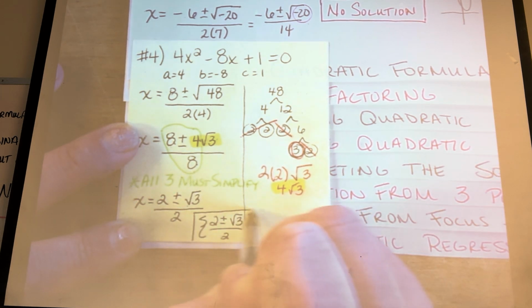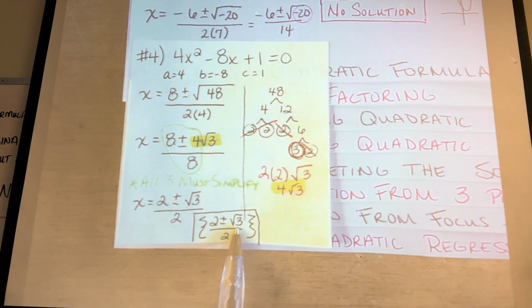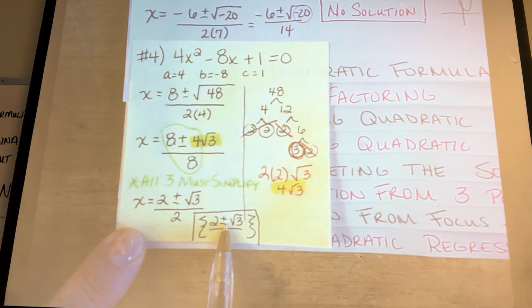Okay? So, if you're left with a square root in the second term, you do not have to split your plus or minus up. You can leave it together. But if you want to split it up, you're more than welcome to.